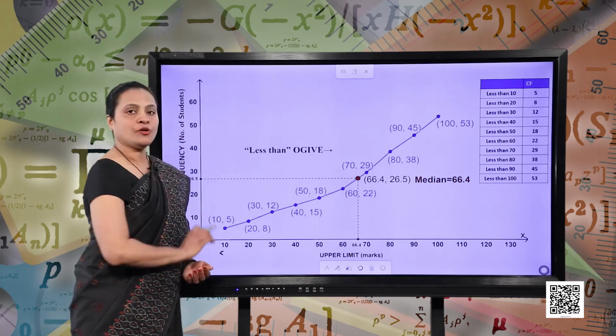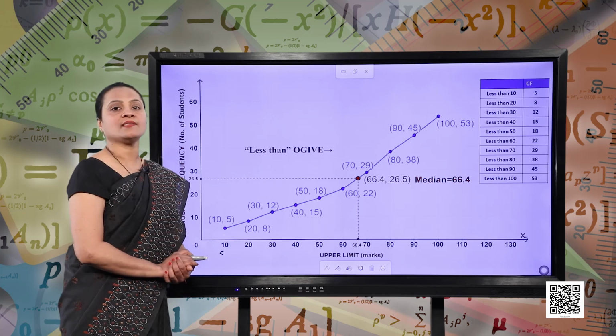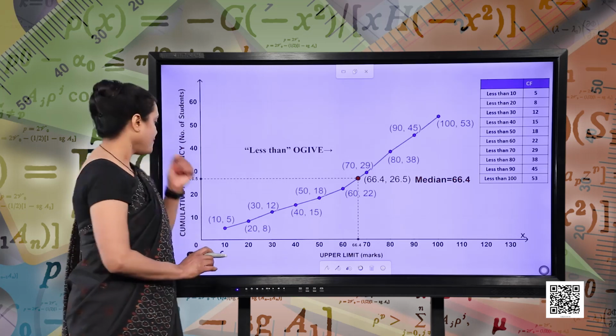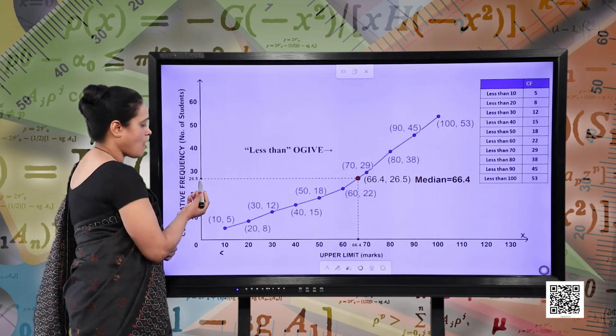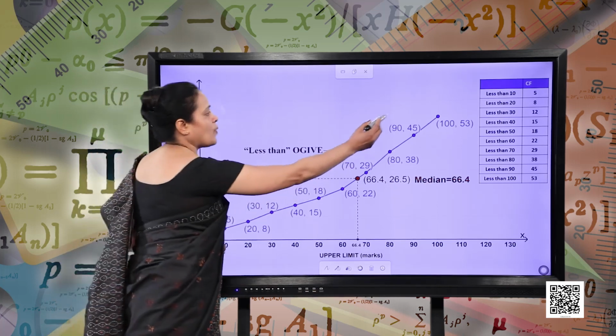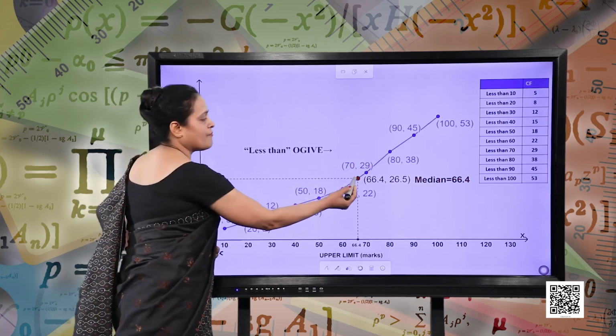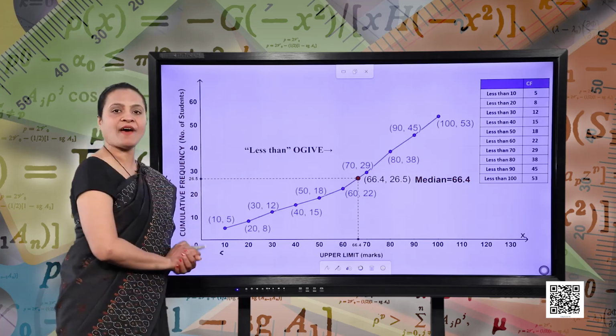There are total 53 observations. So, half of 53 will be 26.5. We are going to locate 26.5 on the y-axis. Then we need a point on this curve which has y coordinate 26.5.